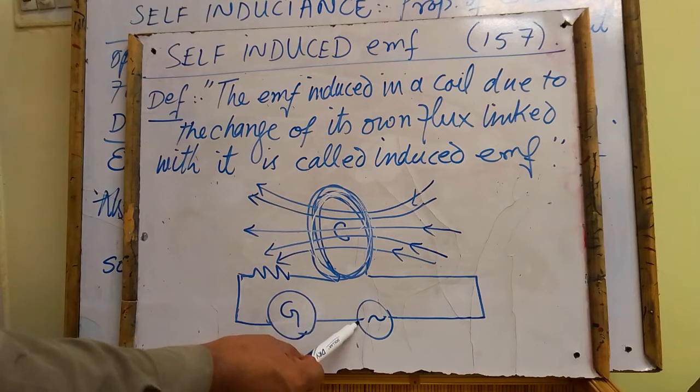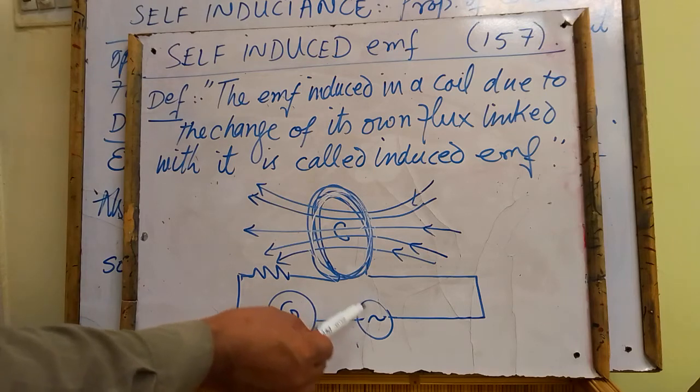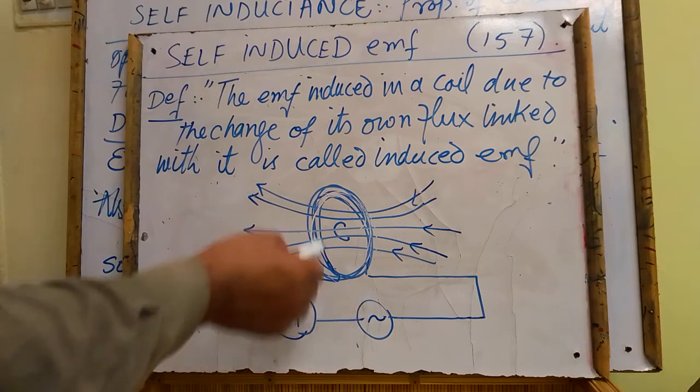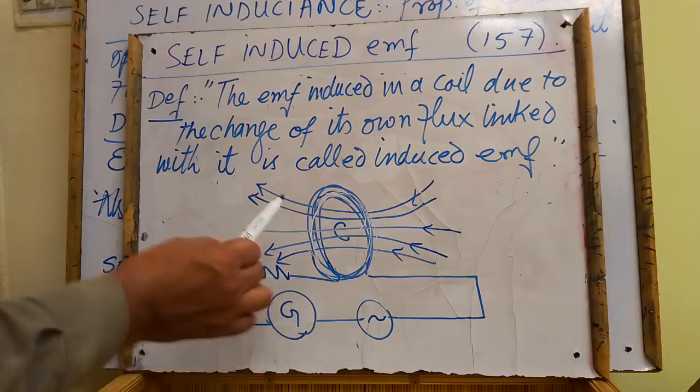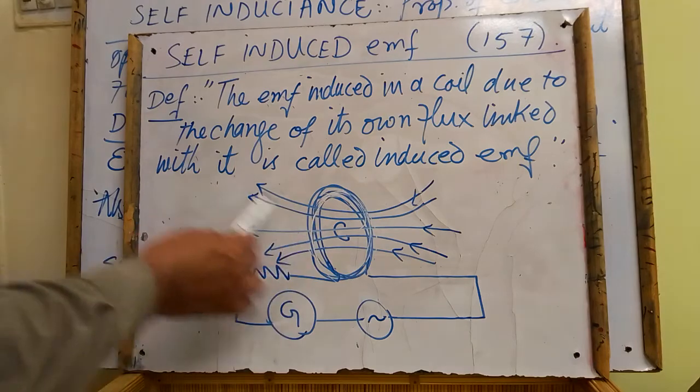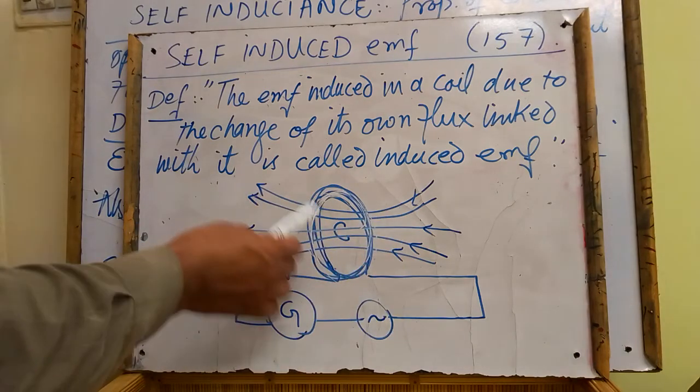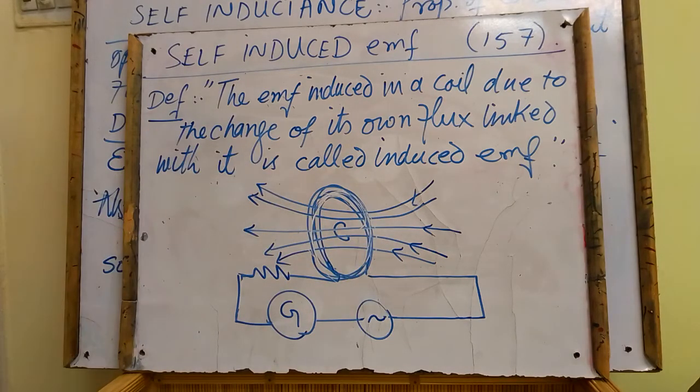Because it is an alternating current source, every time the polarity and magnitude of the current will be changing with respect to time, which changes the magnetic flux through the coil, and a self-induced EMF is generated in the coil, which is shown by the indication of the galvanometer.